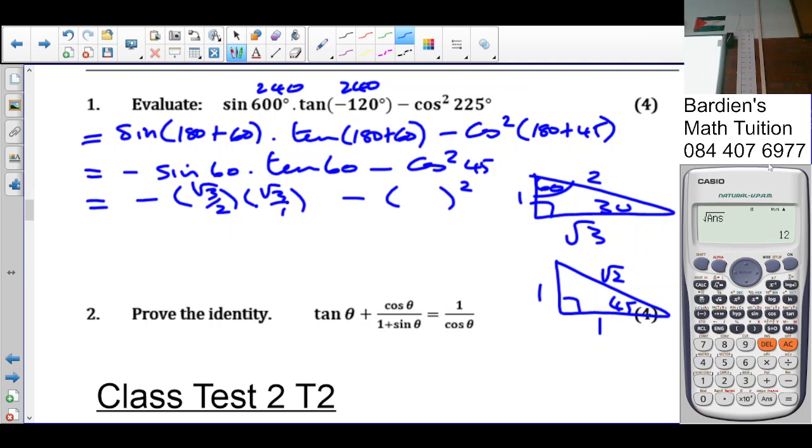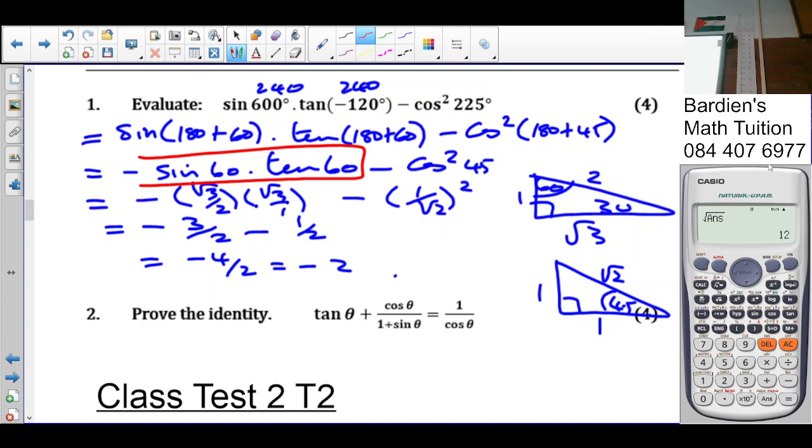Cos squared 45, this was without a calculator. Cos is adjacent over hypotenuse, 1 over root 2. So that's going to give you negative root 3 times root 3 is 3 over 2, minus 1 over 2, which is negative 4 over 2, which is negative 2. It was 4 marks. If you got that in order, you get 1 mark.